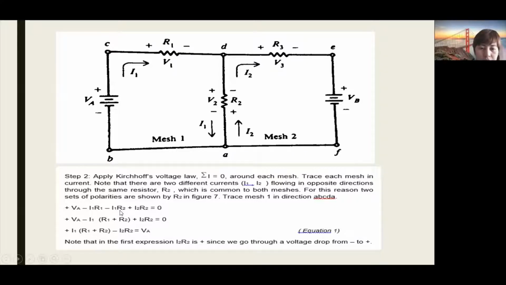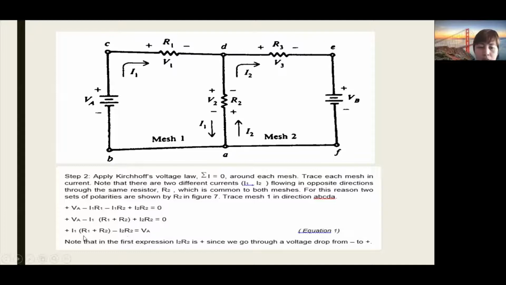So it's positive: I1 times R1 plus R2 plus I2 R2 is equal to 0. Then the next thing that you're going to do is get the formula for voltage applied.